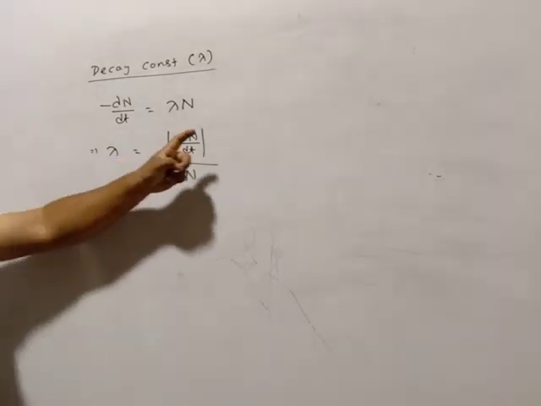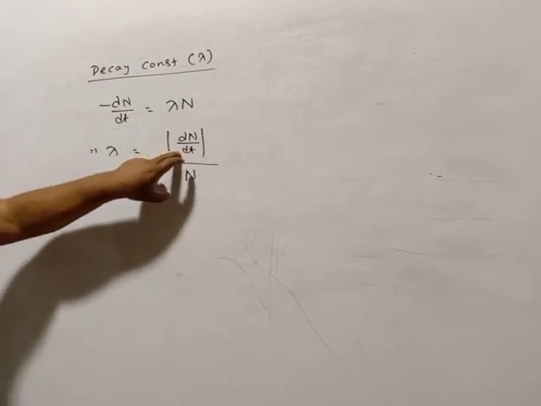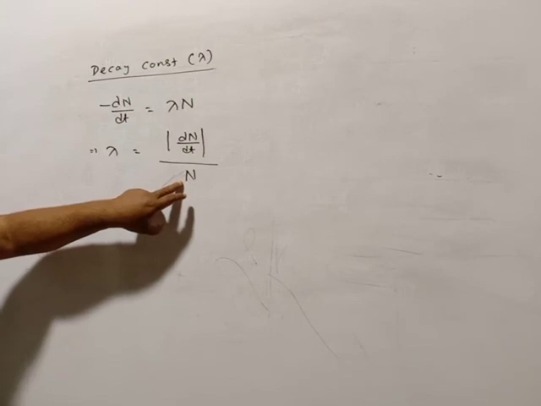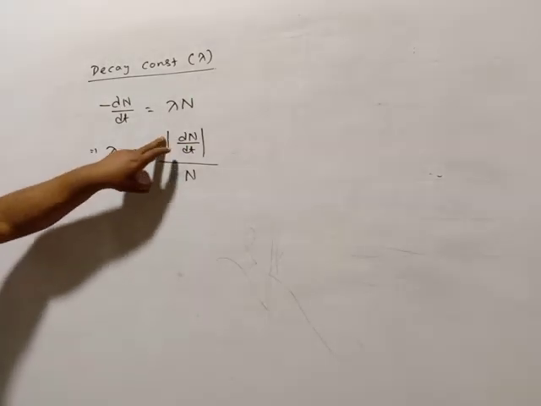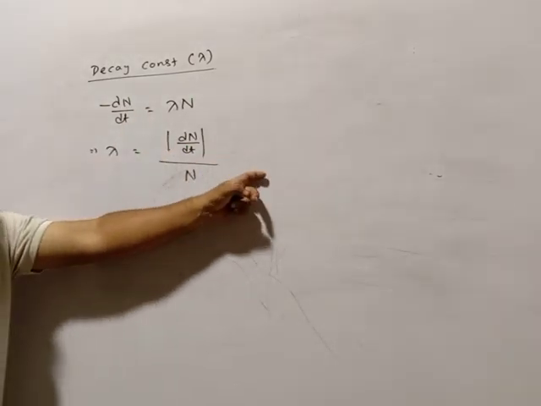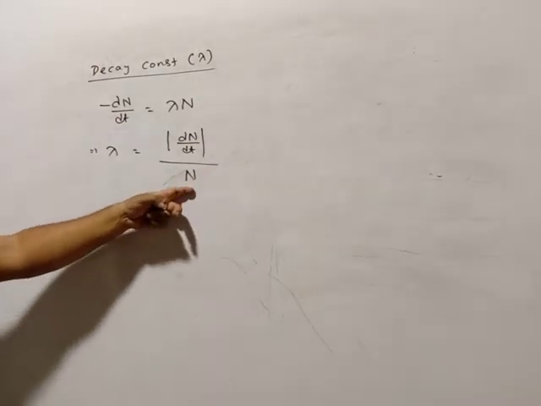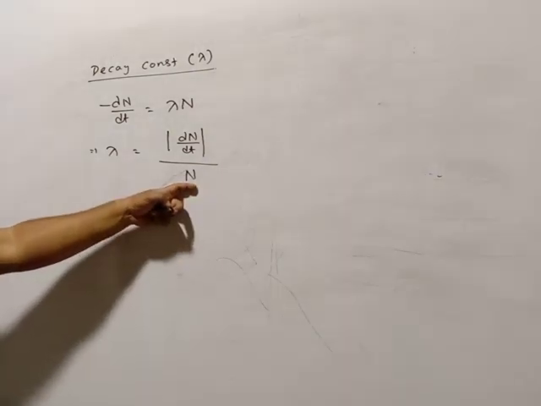So we can define lambda as the ratio of the rate of disintegration at any instant to the number of radioactive nuclei present in the sample at that instant.